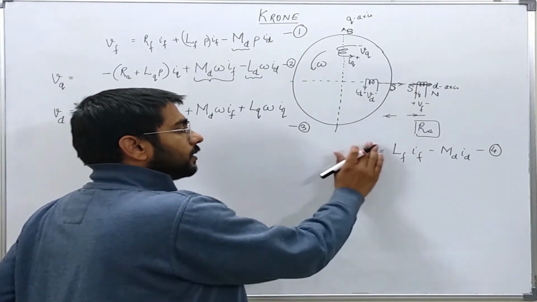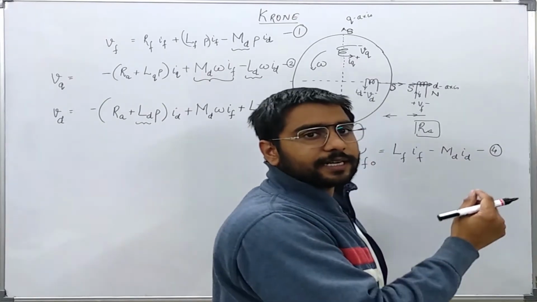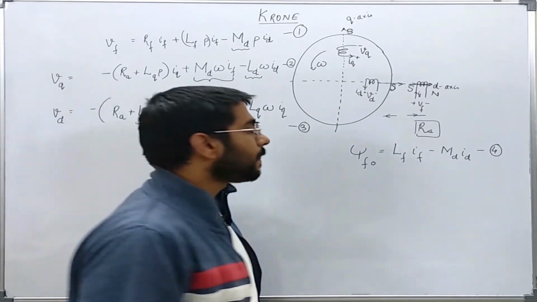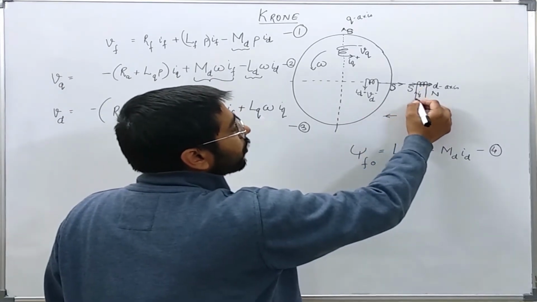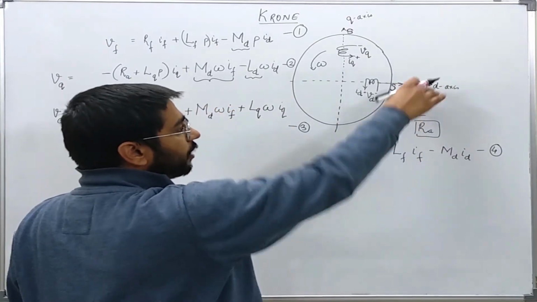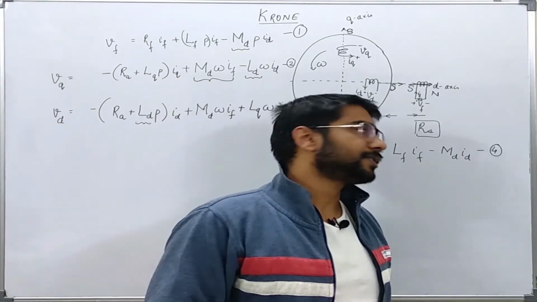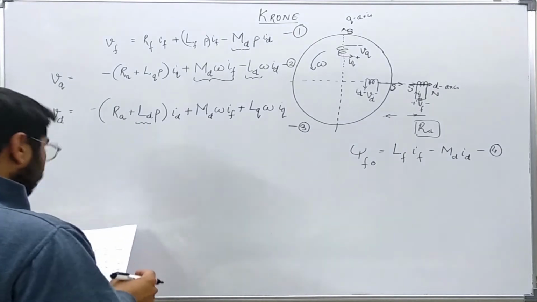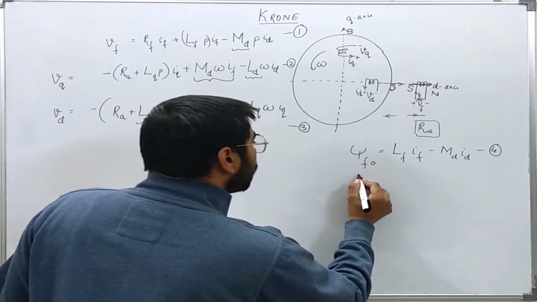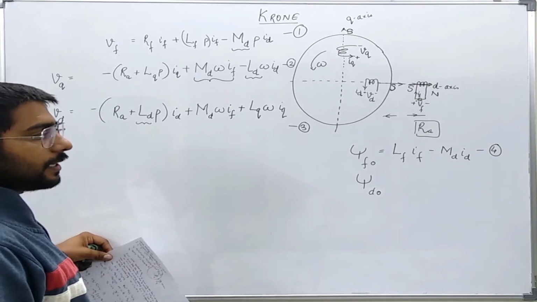This value is not going to change in the transition period just during the fault, according to the constant flux theorem, since the field winding is actually a closed winding only. This is a DC source. So according to that theorem, for a closed winding the flux linkages cannot change instantaneously. Now I will write an equation for the flux linkages of the D axis winding. These should also not change.